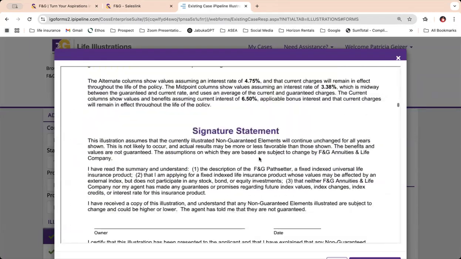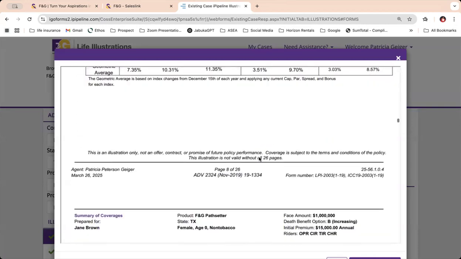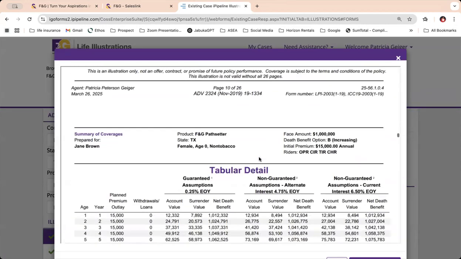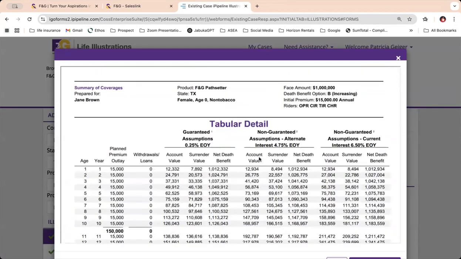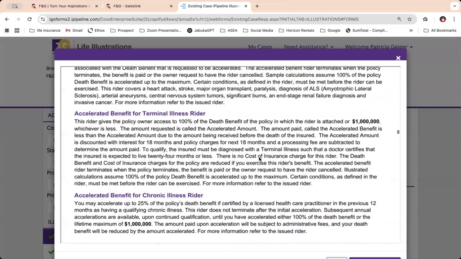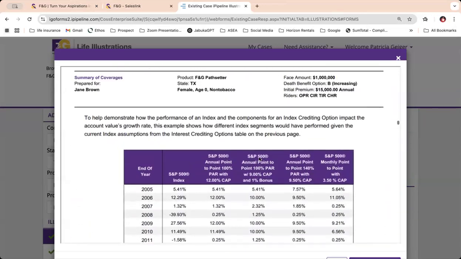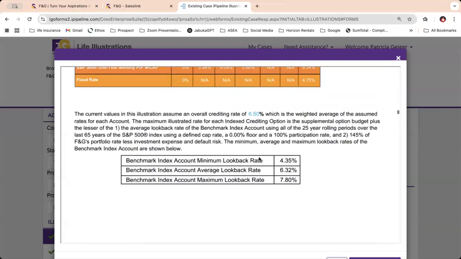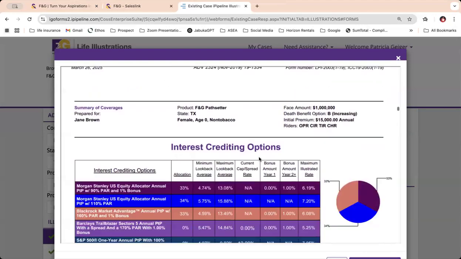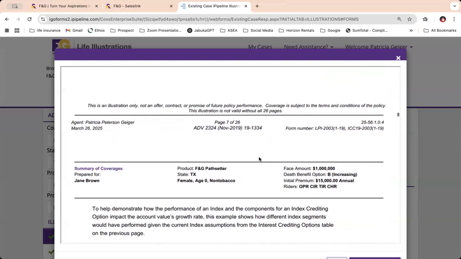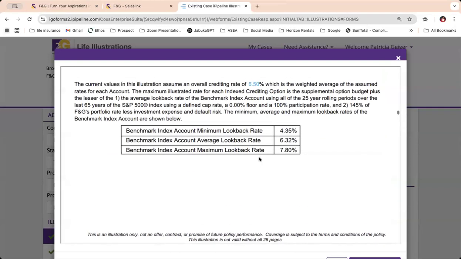So let's go to the tabular. Is that the numeric page or the tabular? This is the tabular. No, above these ones. Okay, so the numeric. Tell me when to stop.